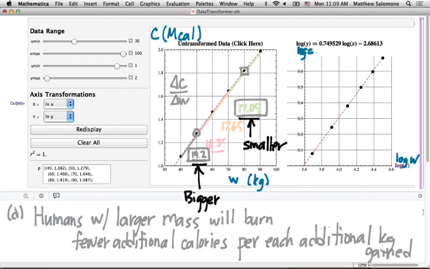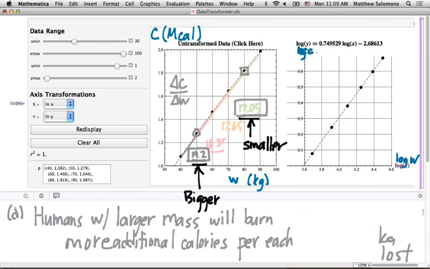We could also think about it in terms of losing. Instead of gaining, we could also turn this around and make it a statement about losing mass. So for every kilogram lost, I'm going to burn, well, more, I guess, additional calories.